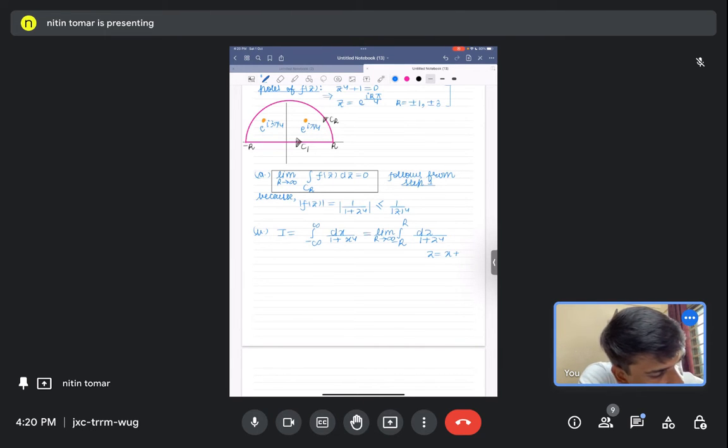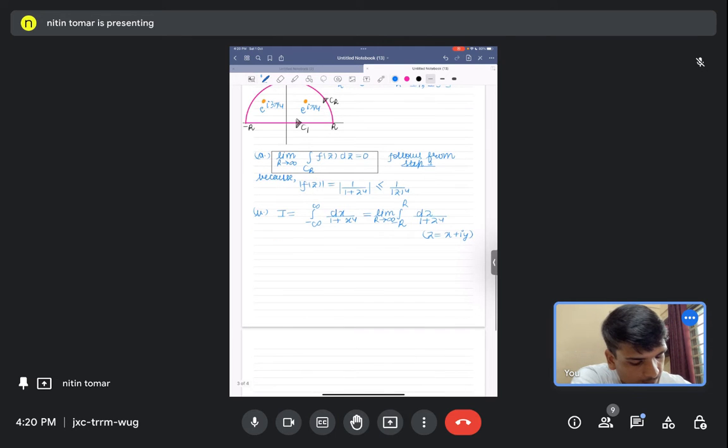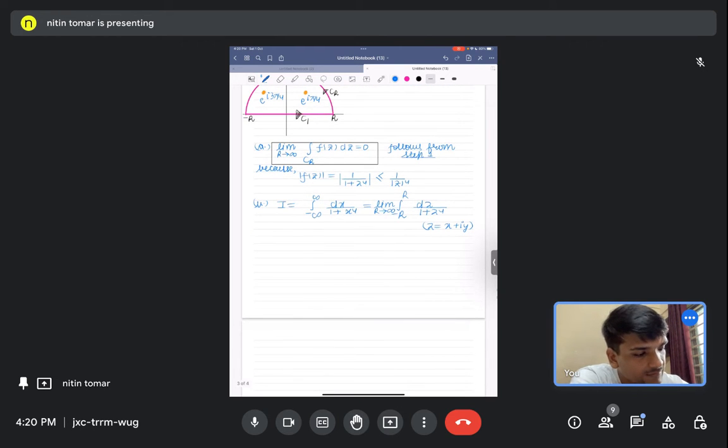Because on the real axis y will be 0, so z will be x and dz will be dx. So this is clear, right?